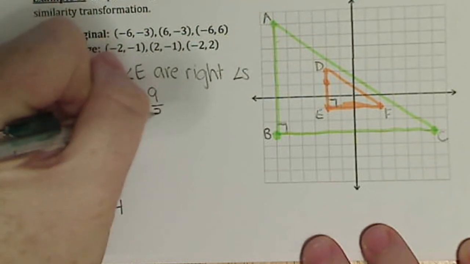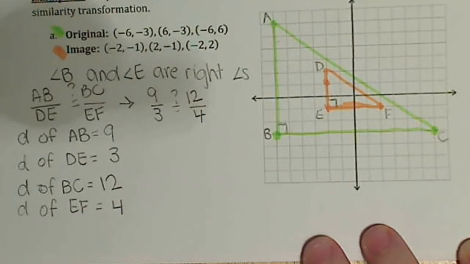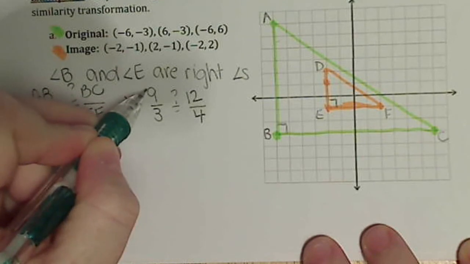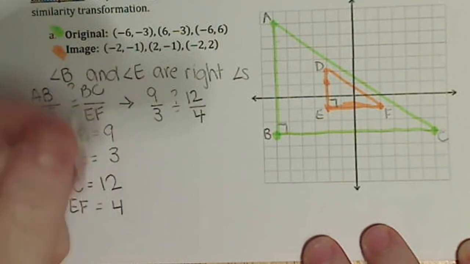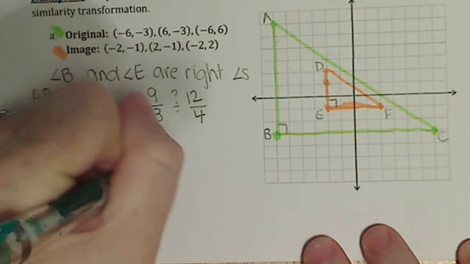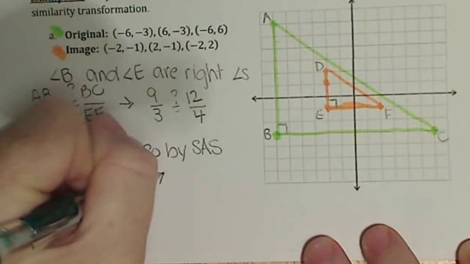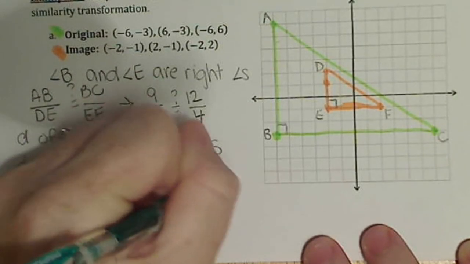Is 9 over 3 proportional to 12 over 4? Let's check. Cross multiply. 9 times 4 is 36. 12 times 3 is also 36. So yes. So by side, angle, side, we know that triangle ABC is similar to triangle DEF.